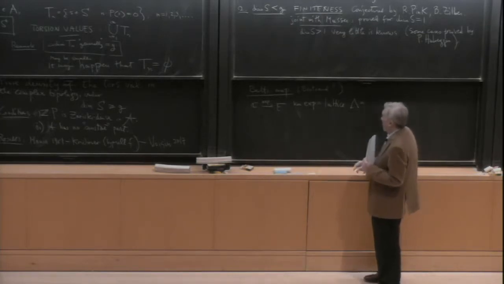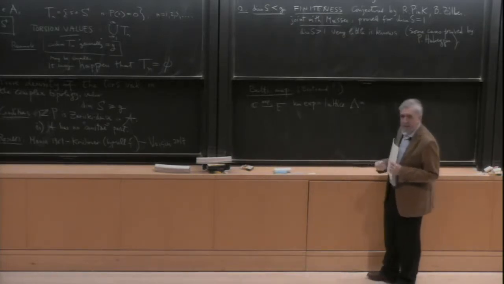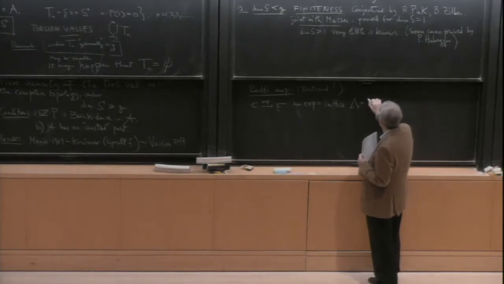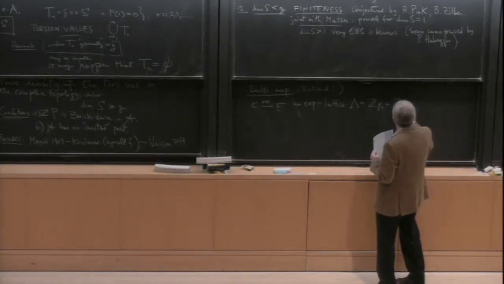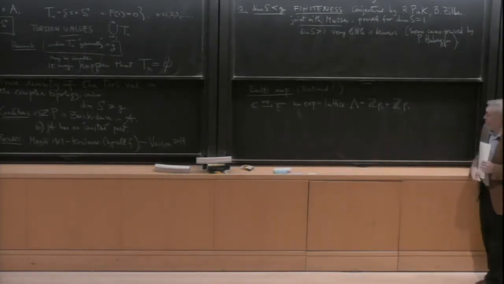So it will be a lattice of maximal rank in C. It will be generated over Z by 2 complex numbers that I denote presently with rho 1, rho 2.